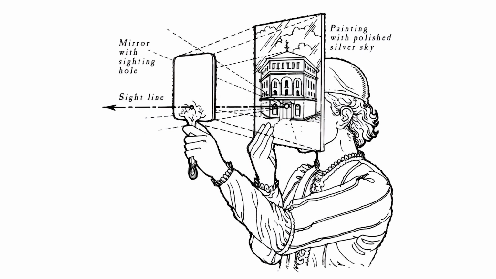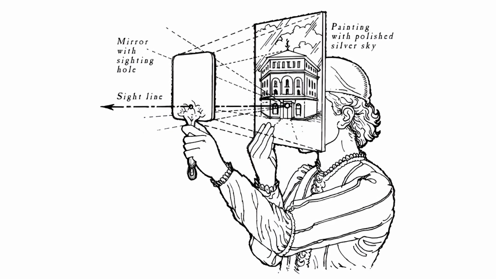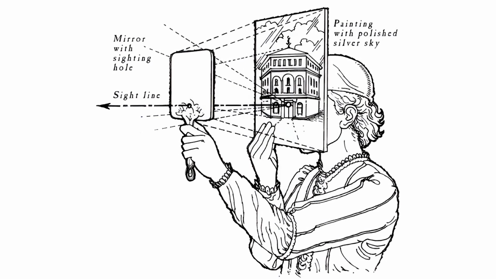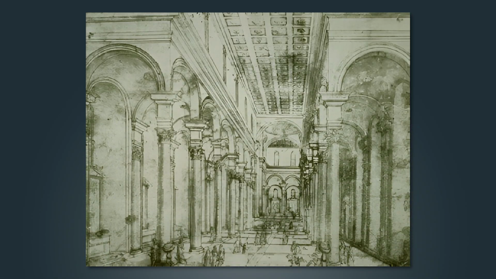Observers would look through the hole at the mirror, which reflected the painting, aligning perfectly with the real Baptistery. This convincingly demonstrated lines actually converging at a single vanishing point on the horizon. Mirroring this effect in both reality and in a drawing proved his theory of linear perspective.